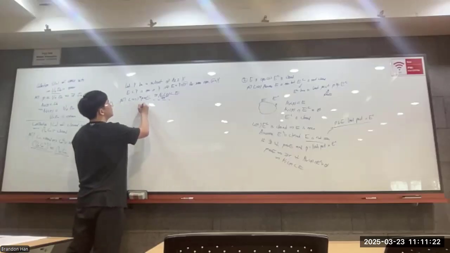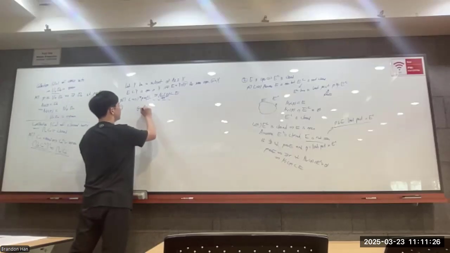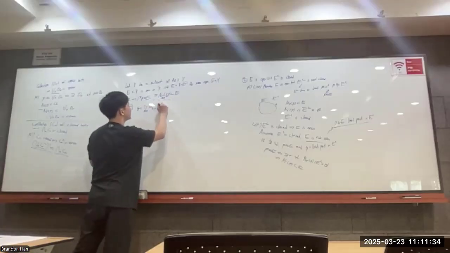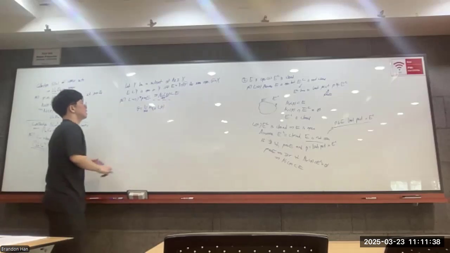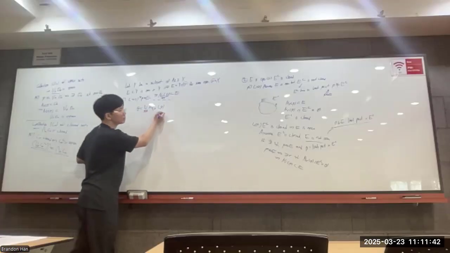And actually, if we just take G to be the union of this neighborhood with the same radius, but this time within X, then note that for all P in E, P is included in this neighborhood.